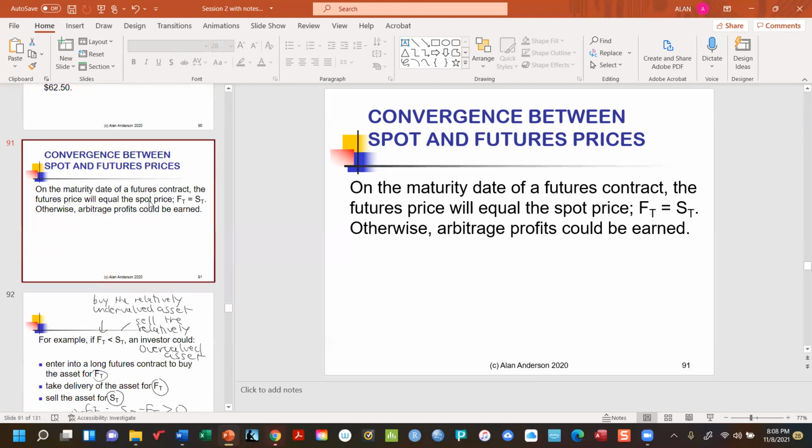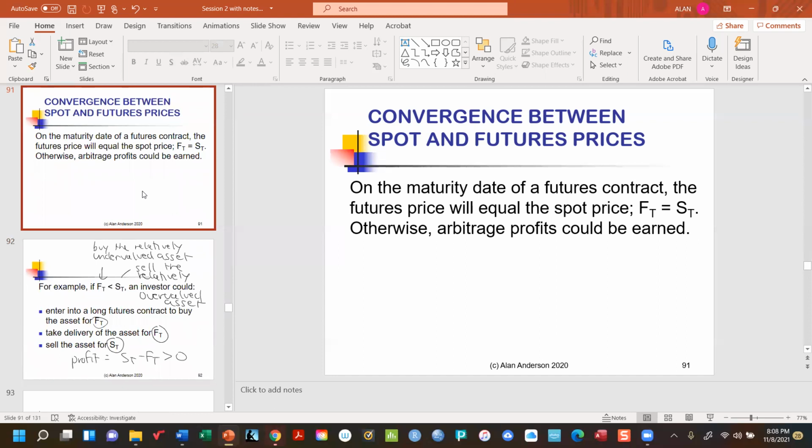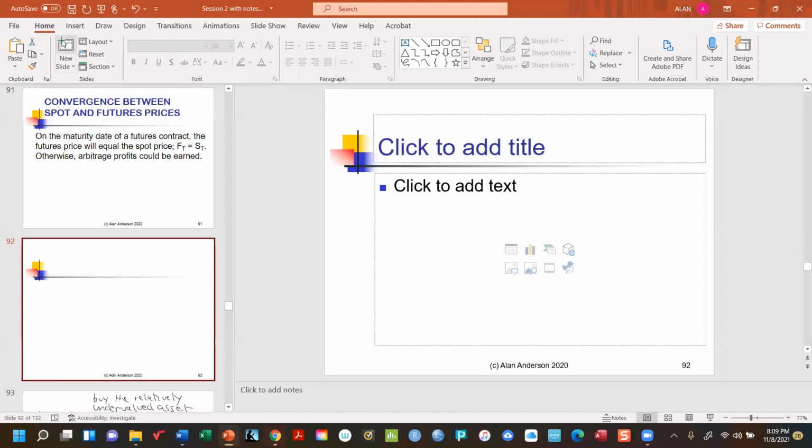So let me just sketch in a quick diagram. Imagine the following situation. Whatever the asset is, it doesn't really matter.